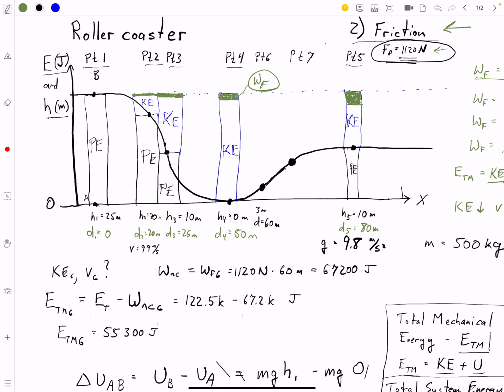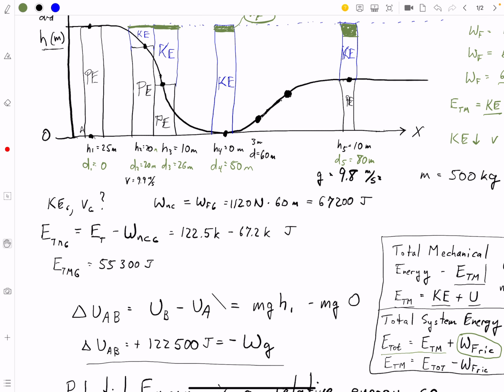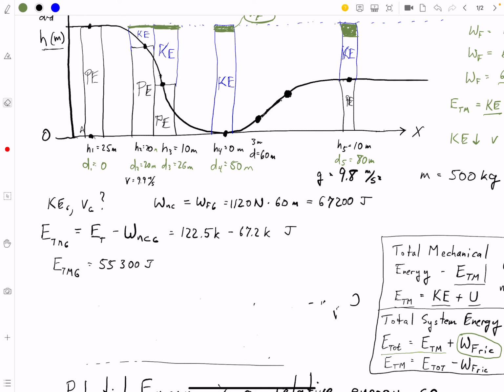Okay, now we can solve for the kinetic energy, because our energy total mechanical is equal to our kinetic energy plus U. We're doing it all at point 6.